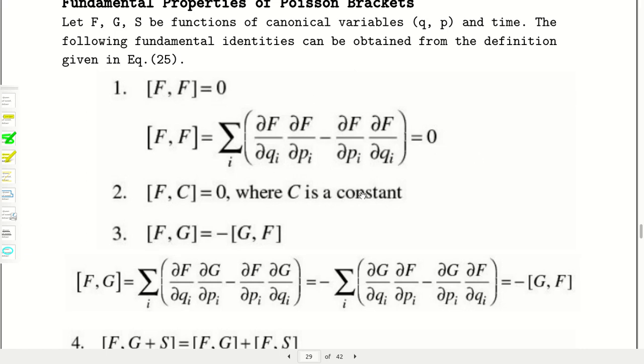Two terms are equal, so they will cancel to 0. f comma c, where c is a constant: surely there is no derivative of a constant with respect to the generalized momentum or coordinates, so the terms will be 0 and the result will be 0. f comma g is equal to minus g comma f. You can reverse the thing, and you can prove this very easily.